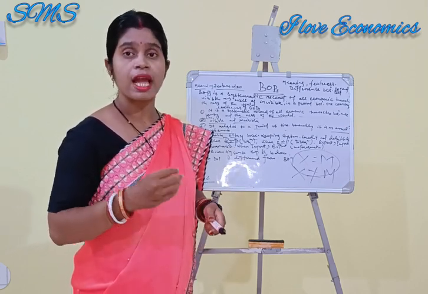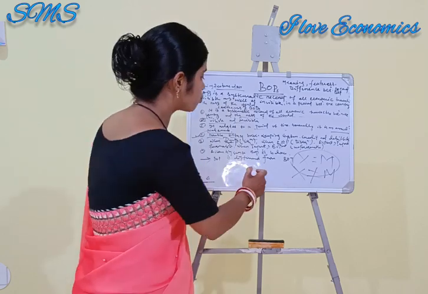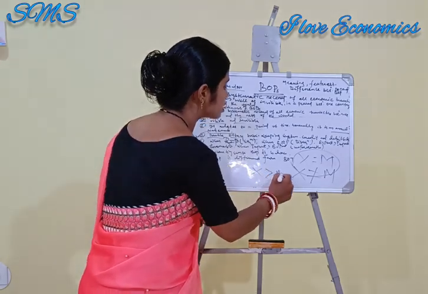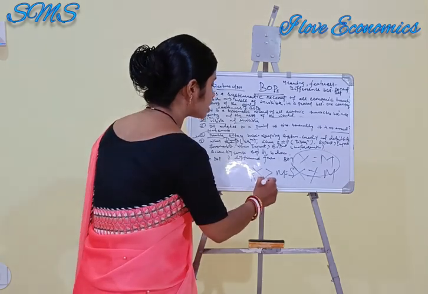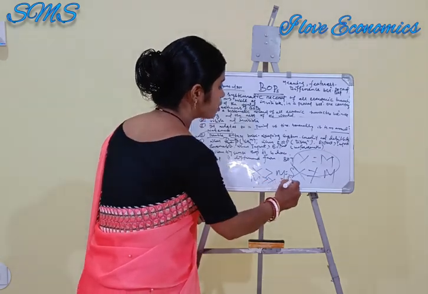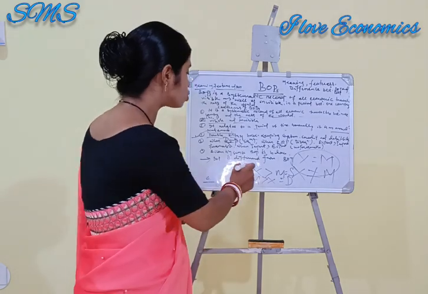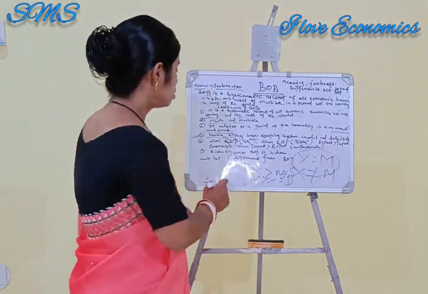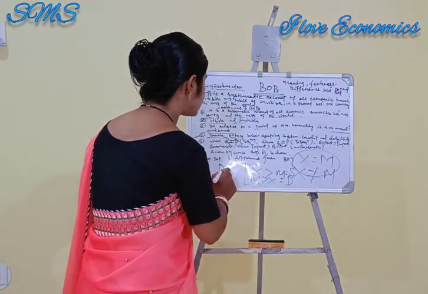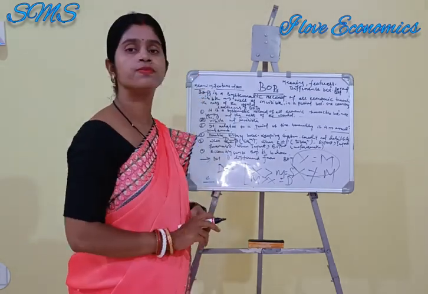Surplus comes when export is greater than import. That means when export X is greater than import, this is known as surplus. When import M is greater than X, this is known as deficit. Both the surplus and deficit come under the disequilibrium balance of payment.